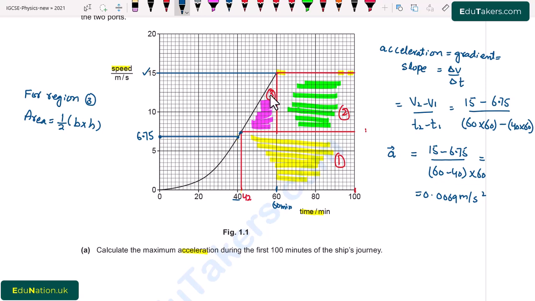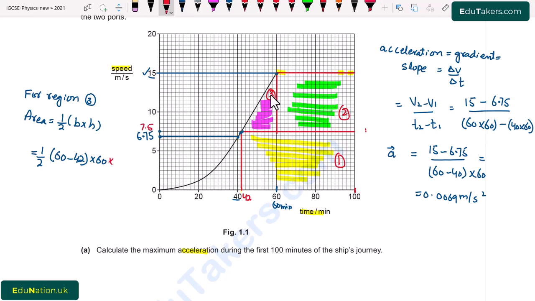So first of all we convert this minute into seconds and it will be 1/2 times 60 minus 42, that is the time difference, multiplied by 60 to convert this time into seconds. And we also have to find out the corresponding speed. At this point the speed is 15 meters per second and at this point it is 7.5.